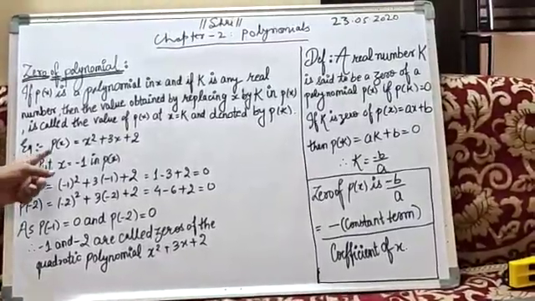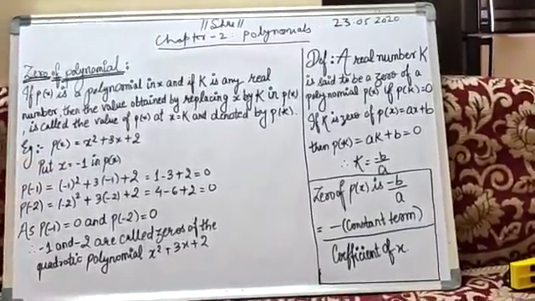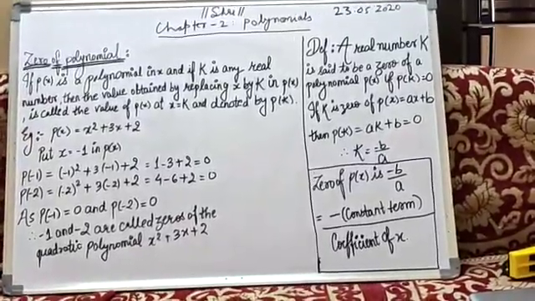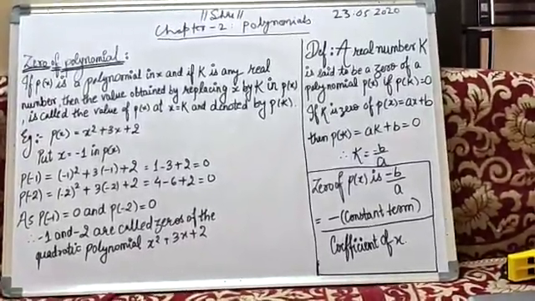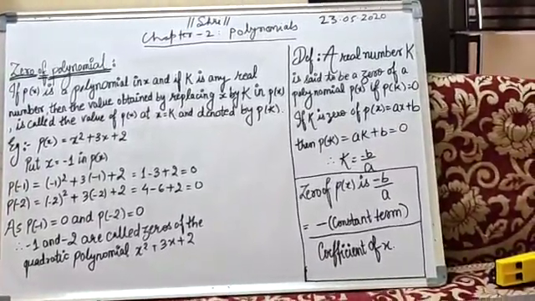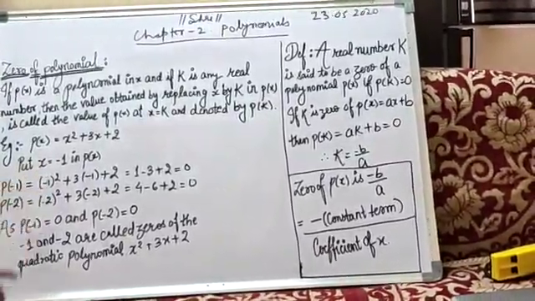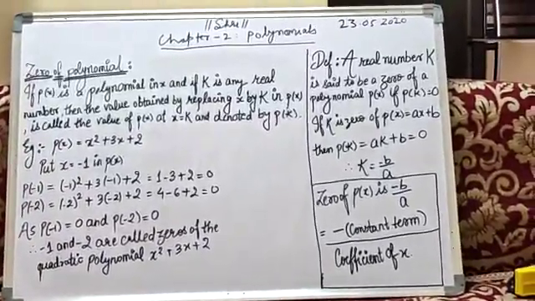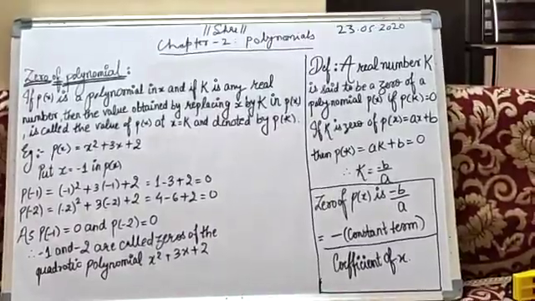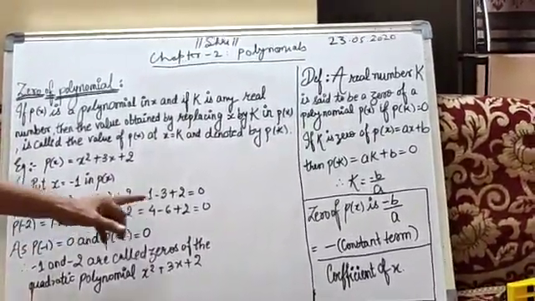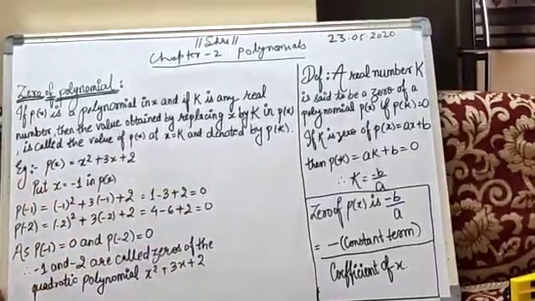Examples. If p(x) is equal to x square plus 3x plus 2, this is quadratic polynomial. If we put x is equal to minus 1 in p(x), it means replace x by minus 1, we get p(minus 1). You know how to find the value, that value becomes 0.